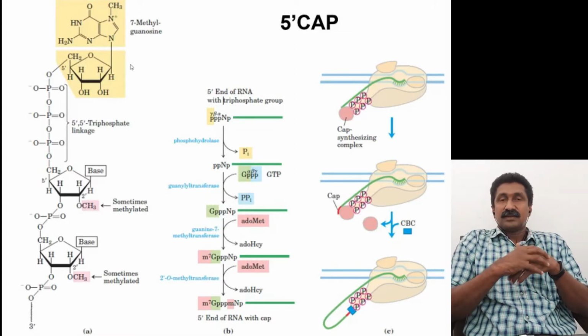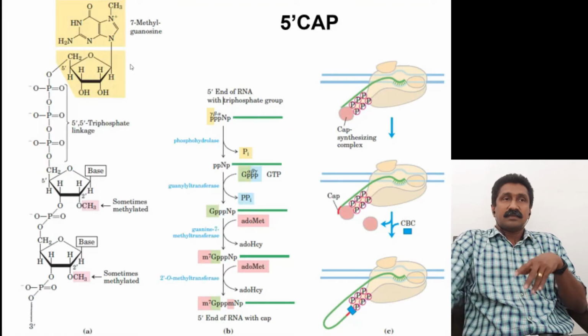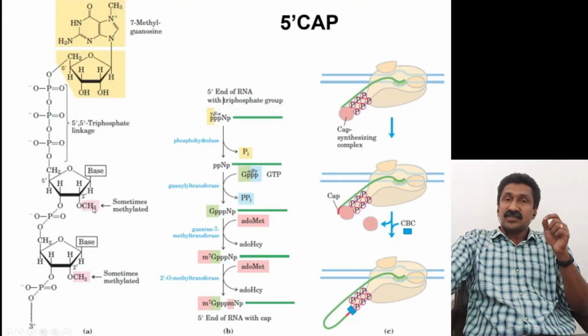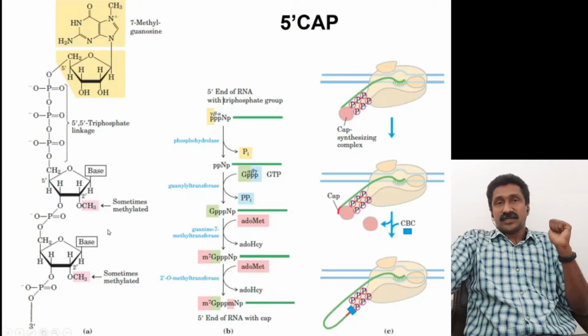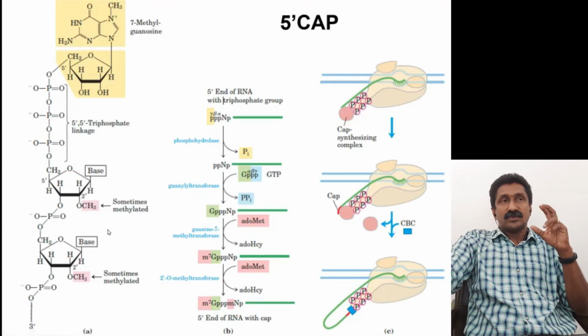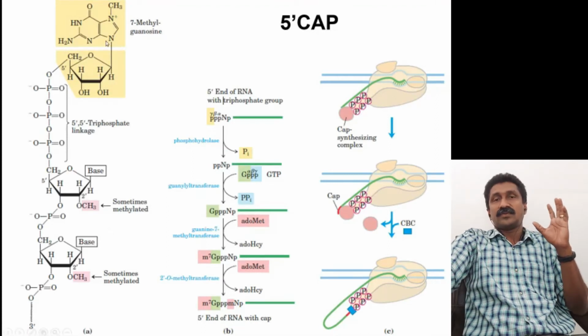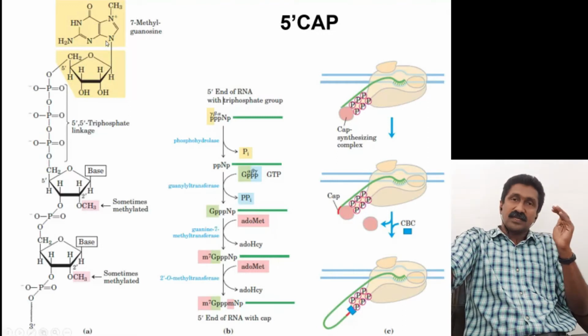And in some other cases, there may be addition of additional CH3 groups in 2' positions, or to the 2' OH of the first or second or first and second residues of the nucleotides. So these three events occur during the 5' cap addition.